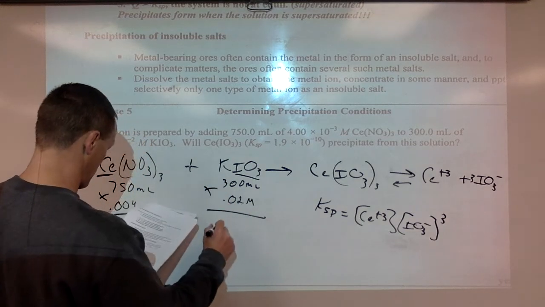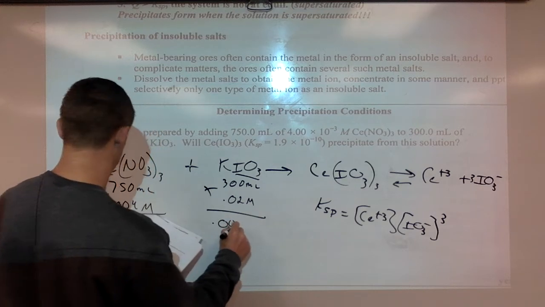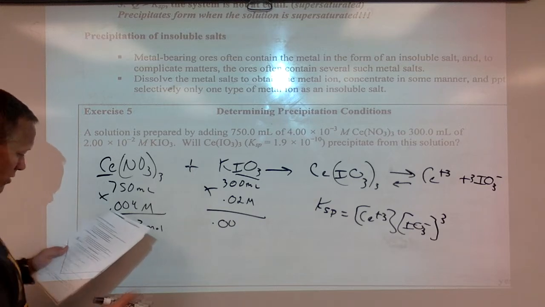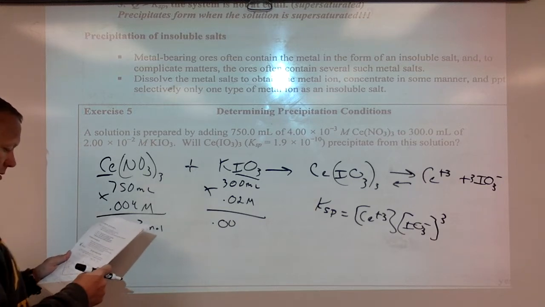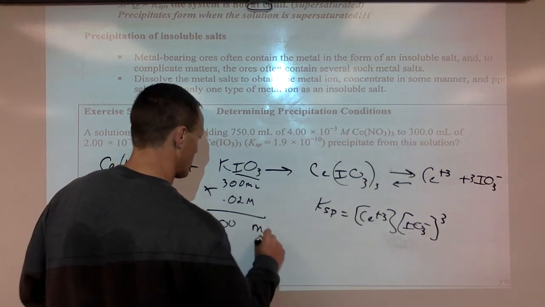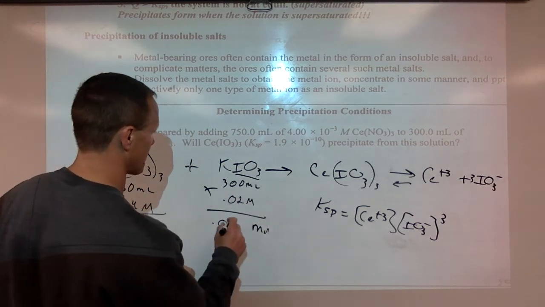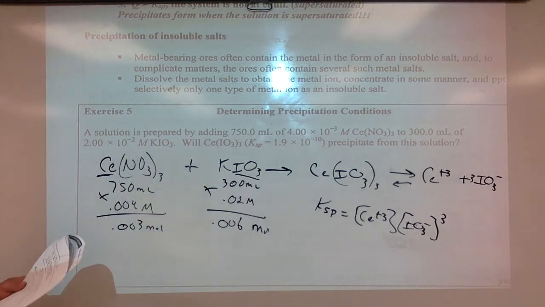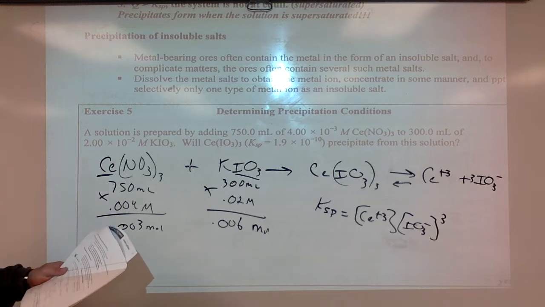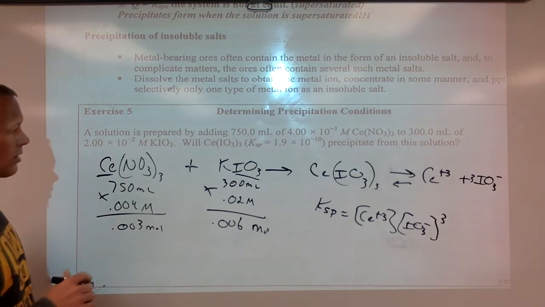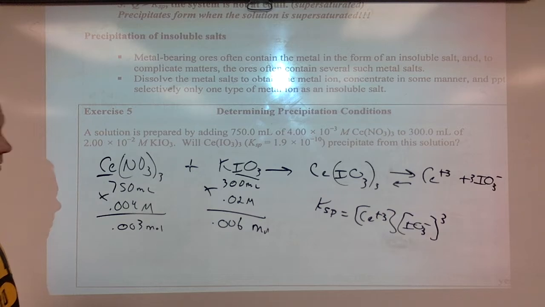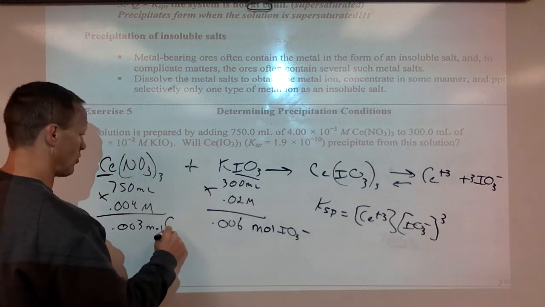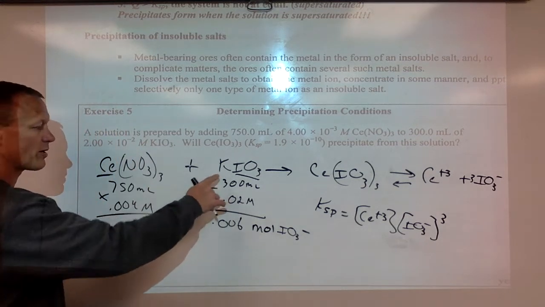If we multiply this times this, it'd be 0.006 moles. Again, this is moles of IO3 negative ions, and this is moles of Ce+3 ions. We're not worried about nitrates or potassium ions.